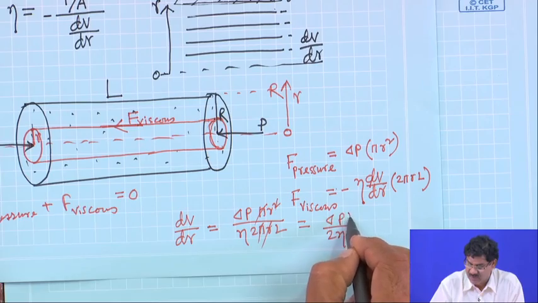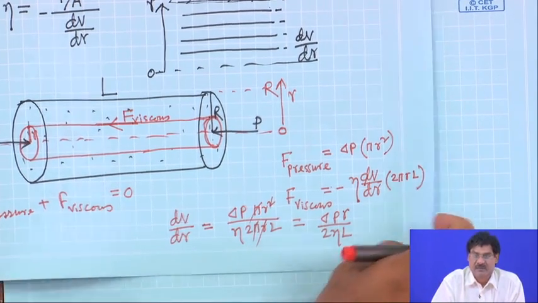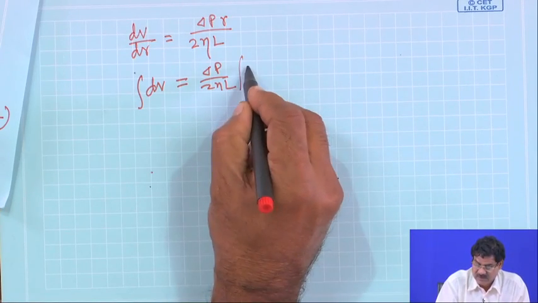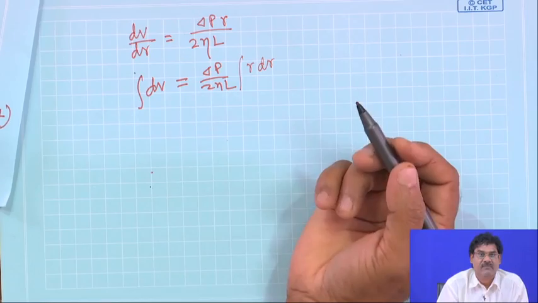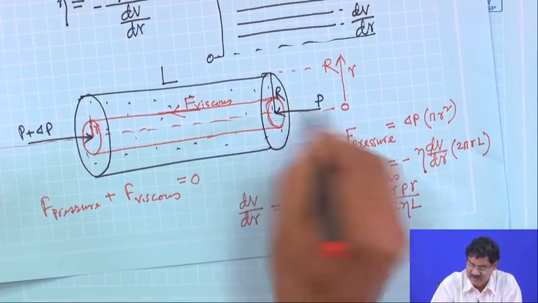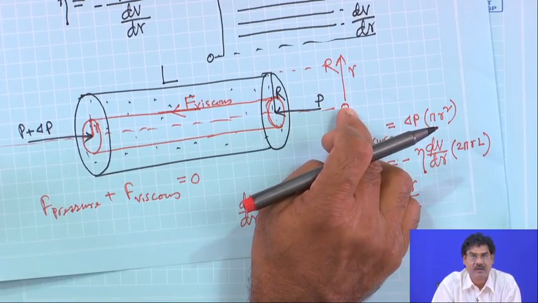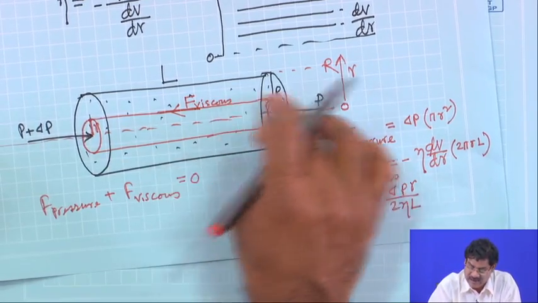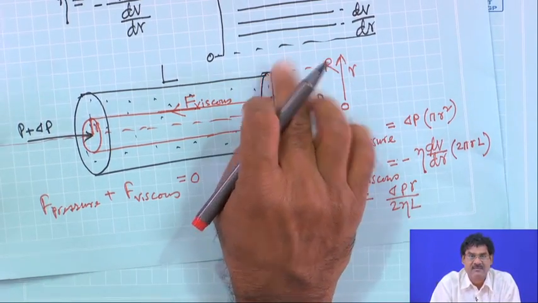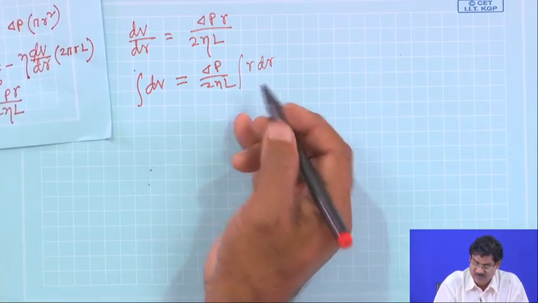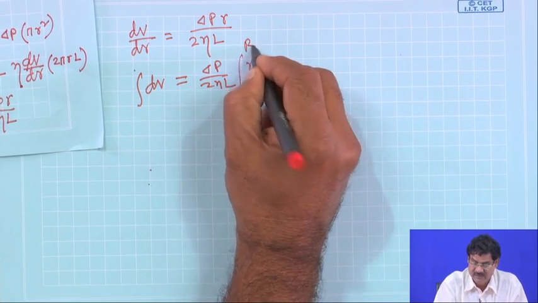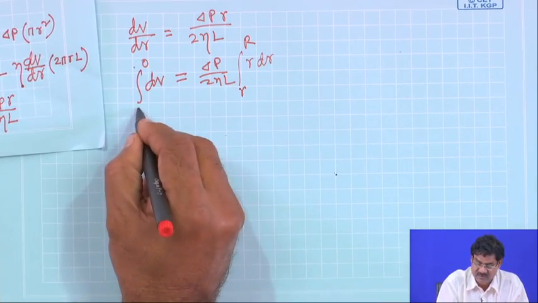So, there should be r dr. Now, in the cylinder the velocity is maximum at the center, but at r distance it is some velocity v, and at capital R distance the velocity is 0. So, if I integrate from r to capital R, at capital R velocity is 0, and here velocity is v in general.